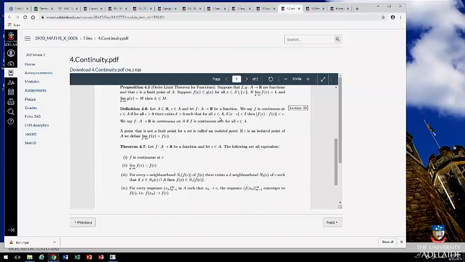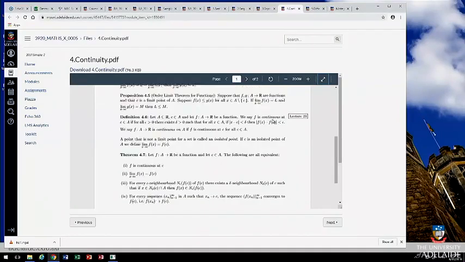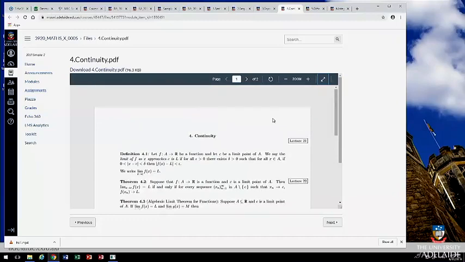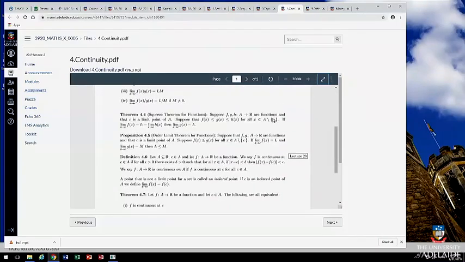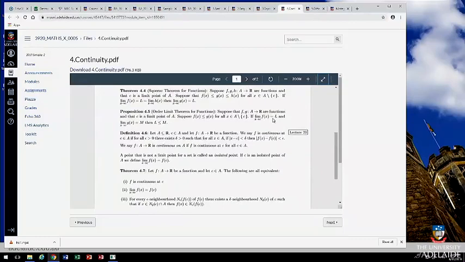So we say it's continuous if for all epsilon greater than 0 there exists a delta greater than 0 such that for all x in A, if the distance between x and c is less than delta, then the distance between f of x and f of c is less than epsilon. So that's the same as saying that the limit exists, right?